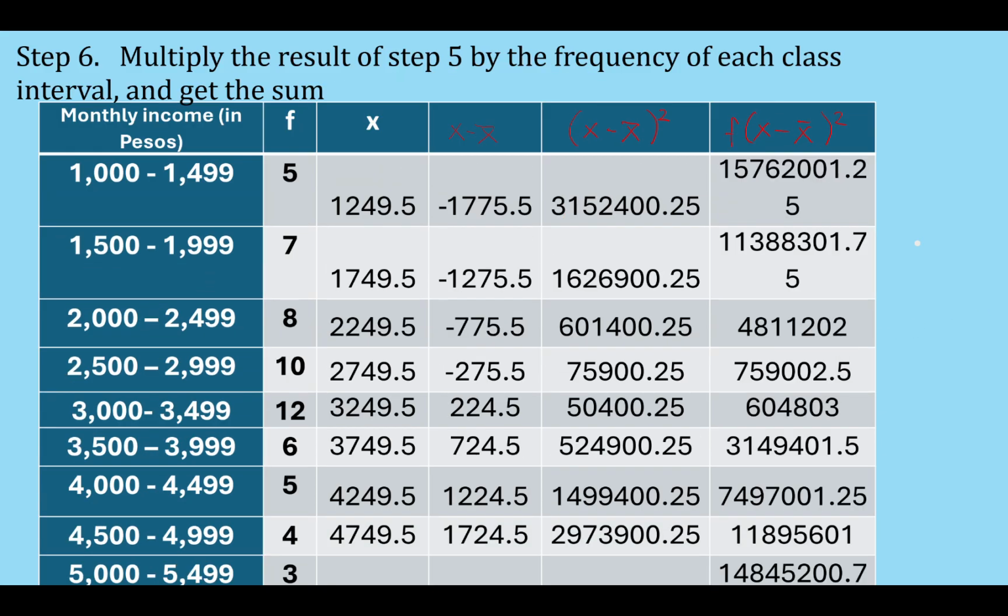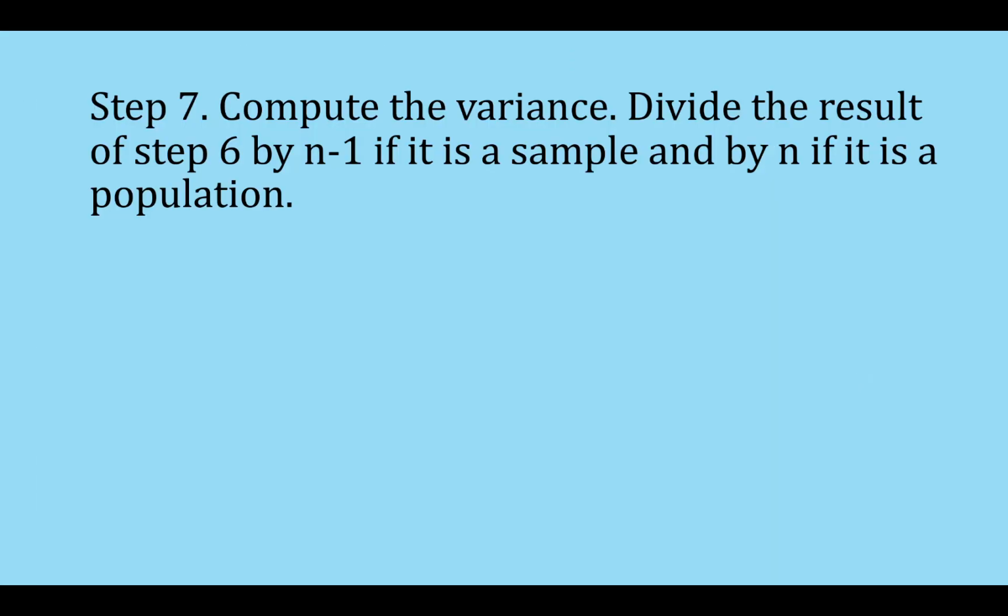Now, okay. Step number 7 is to compute the variance. Divide the result of step 6 by n minus 1 if it is a sample, and by n if it is a population.